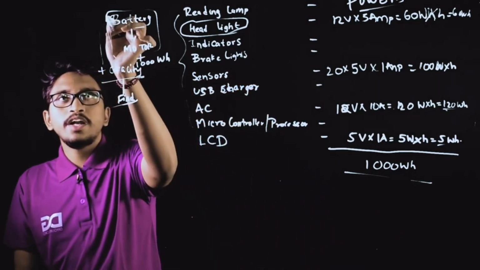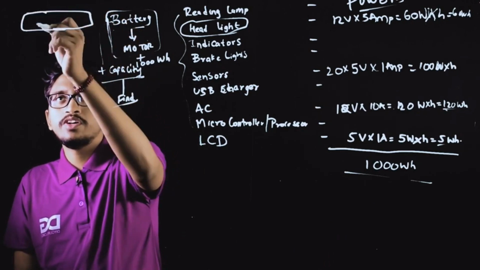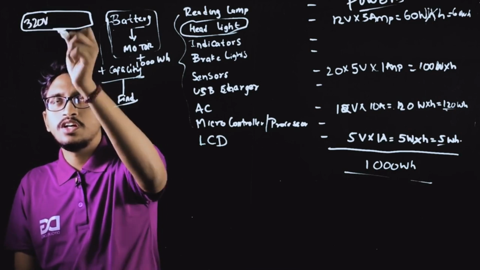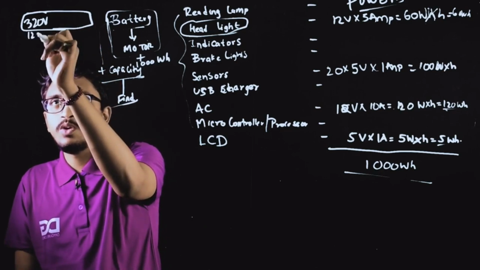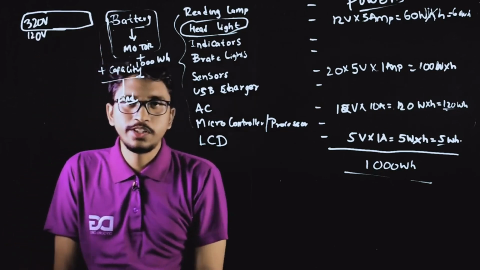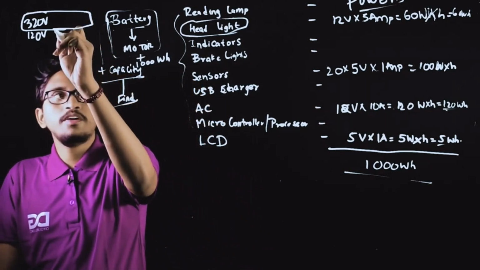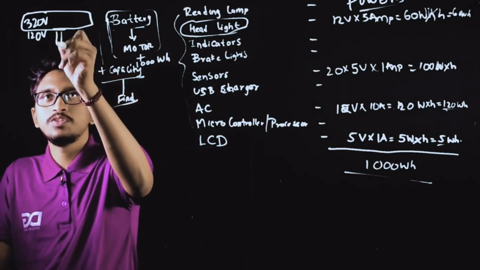Whatever battery I have will have some amount of voltage, let us suppose 320 volts, or else 120 volts, depending upon the situation. But the headlight uses only 12 volts, right? How can I get that 12 volts?